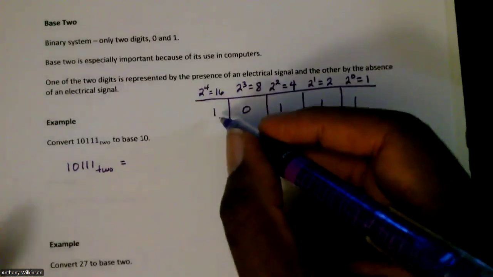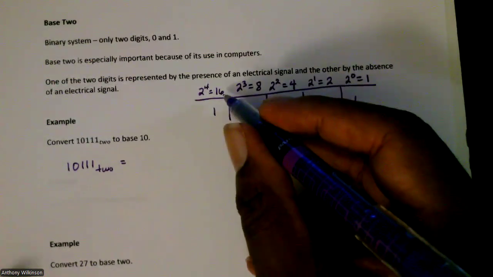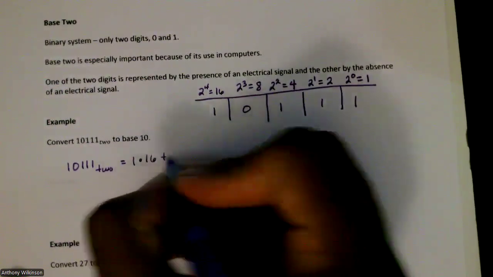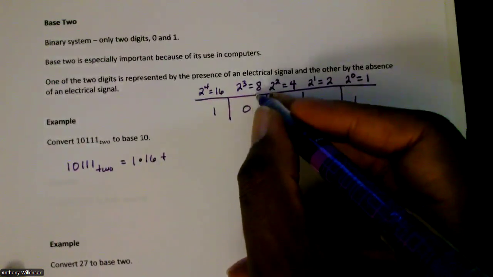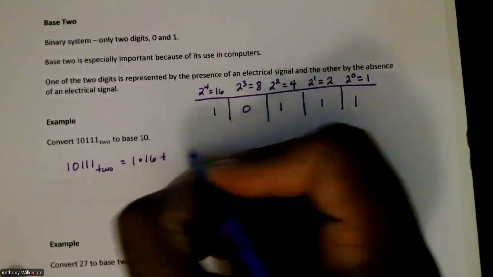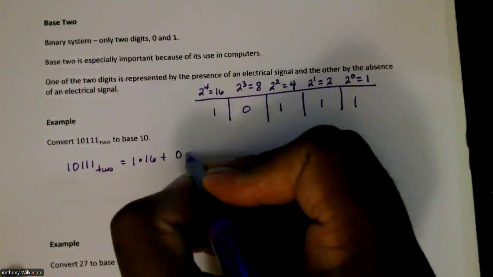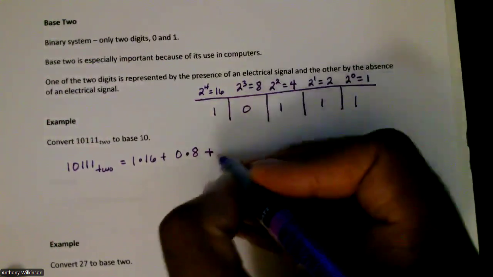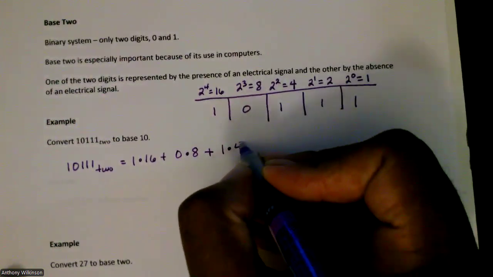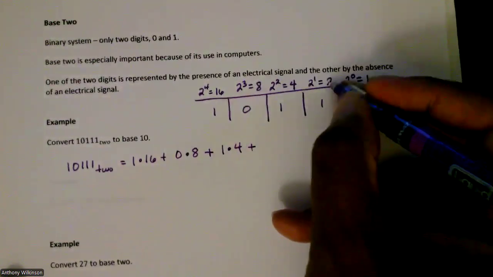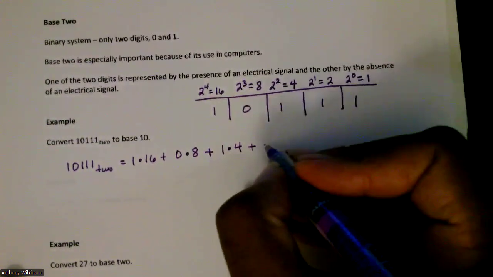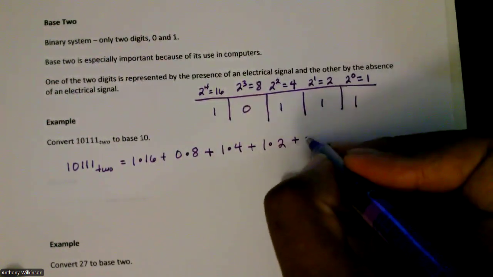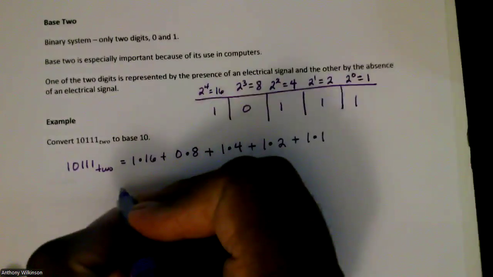So this first one right here is in the place value position with the 16, so it'll be 1 times 16, plus this 0 is in the place value position where 2 to the third is, or 8, so it'll be 0 times 8, plus the 1 is in the position where the 4 is, 1 times 4. The 1 is in the 2's place, 1 times 2. And finally, the 1 is in the 1's place, so it'll be 1 times 1.